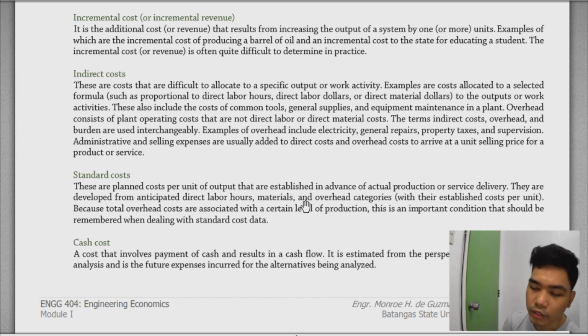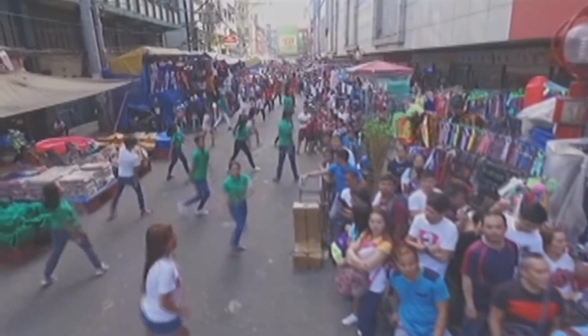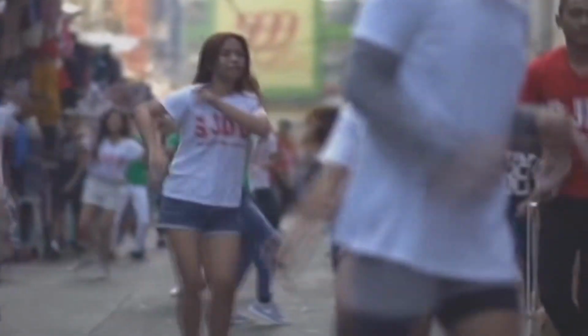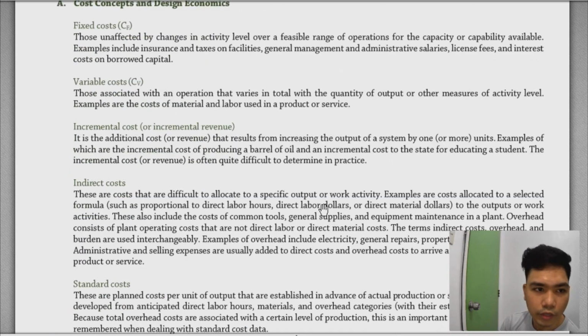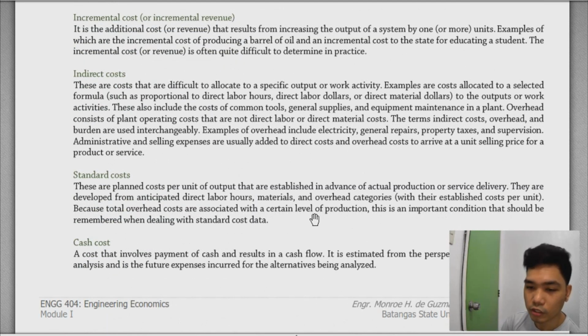So the standard cost will be the suggested retail price for this certain product, and it is something like a fixed cost in the future, but this standard cost is more on the actual computed value based on the anticipated production rate, and of course the cost of labor that is actually included in this material production.